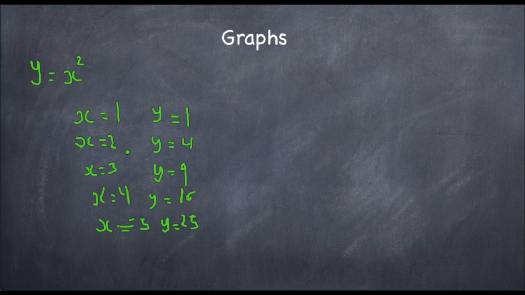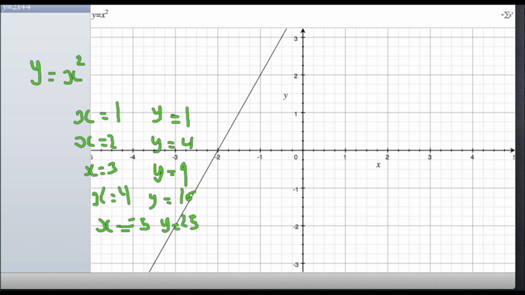So these are the coordinates: 1, 1, 2, 4, 3, 9, 4, 16, and 5, 25. We're just going to plot these coordinates and see if they are right. I'll zoom out so you can see it all.